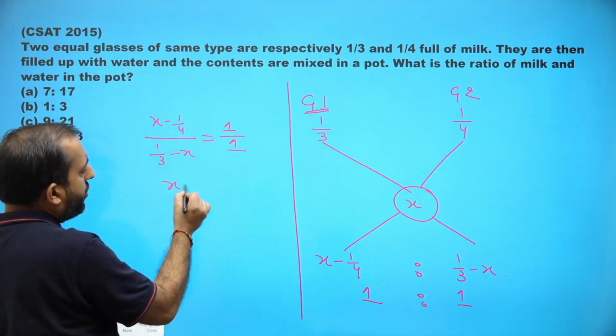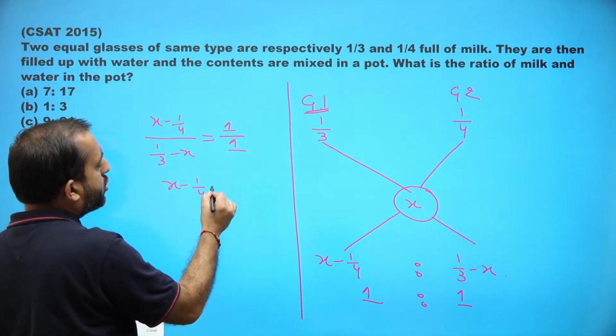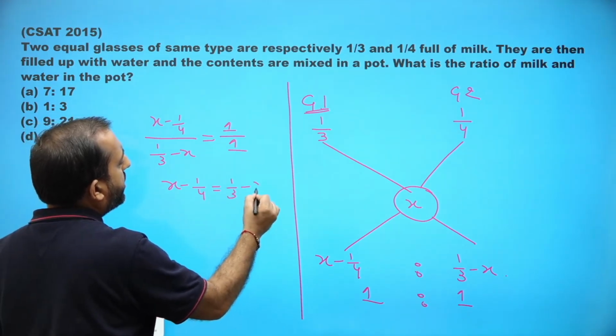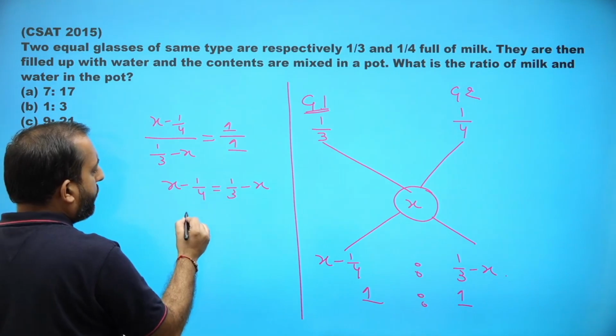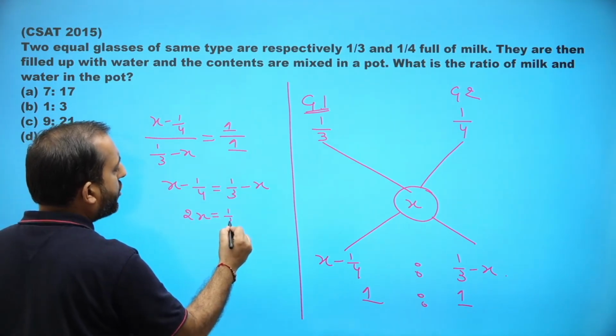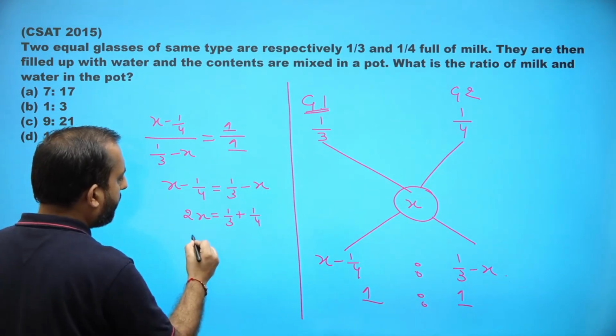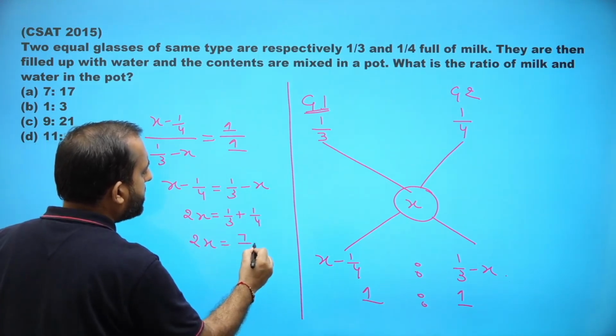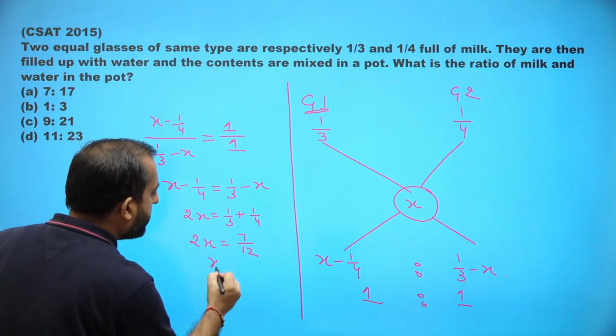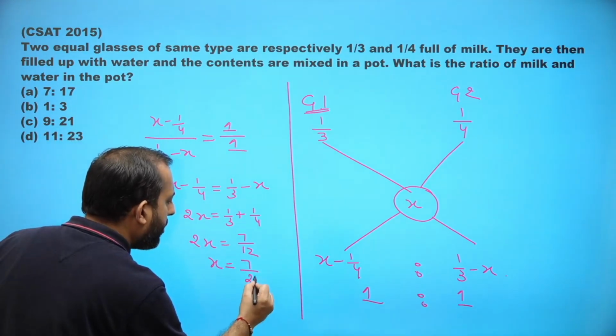If we solve this further, it comes out to be X minus 1/4 equals 1/3 minus X. Solving it further, 2X equals 1/3 plus 1/4, so 2X is equal to 7/12 and X is equal to 7/24.